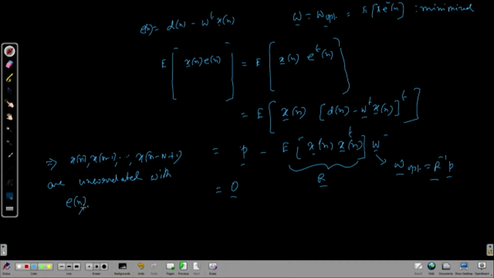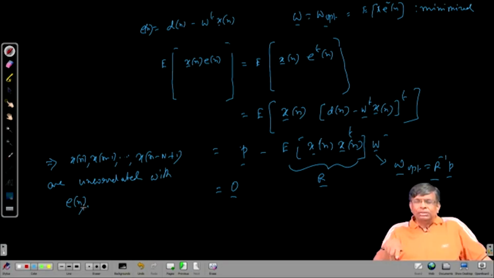But if the R matrix and P vector keep changing from time to time, then right now maybe I have an optimal filter for the correct R, correct P, but after some time this will not be the optimal filter, because R has changed, P has changed. Point is, can I, like a mad guy, every 10 seconds or every 10 minutes or whatever, recalculate W opt, then break up, destroy my hardware and reassemble it, and run it again for some time? I cannot do that, nobody can do that.